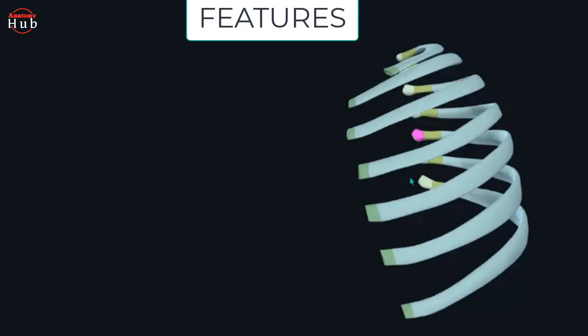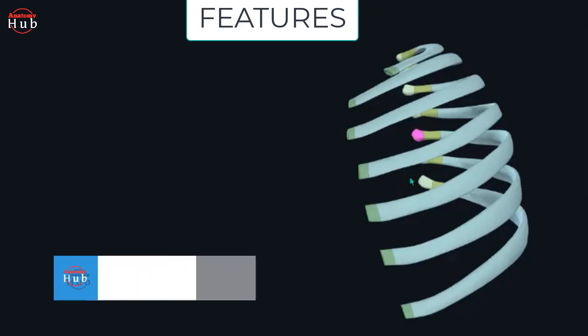They are free anteriorly. Only they have the posterior articulation with the thoracic vertebrae 11th and 12th. That's why these 11th and 12th ribs are known as your floating ribs.